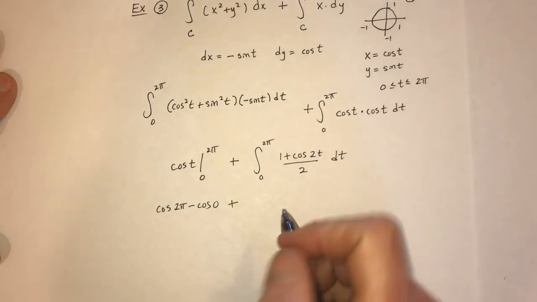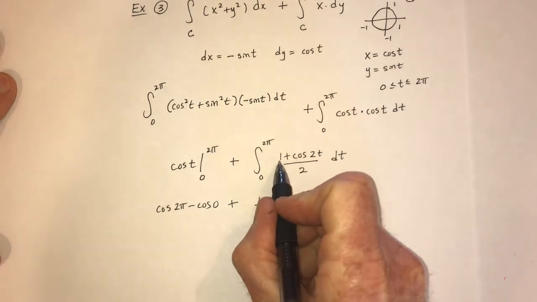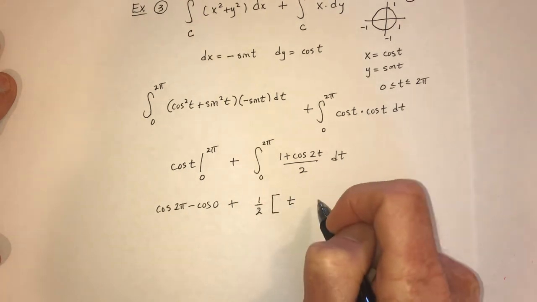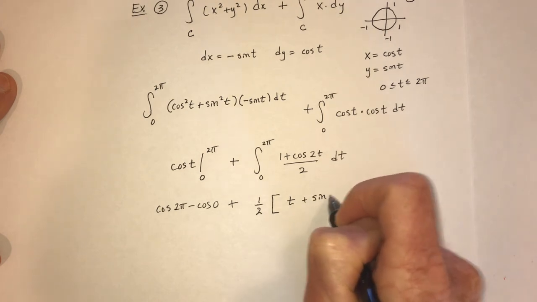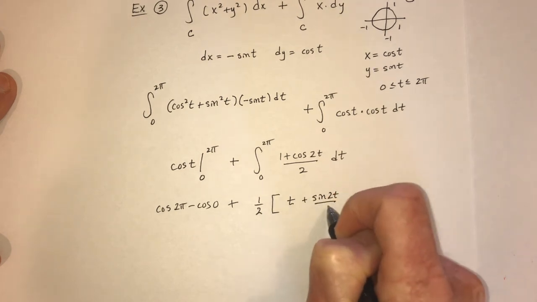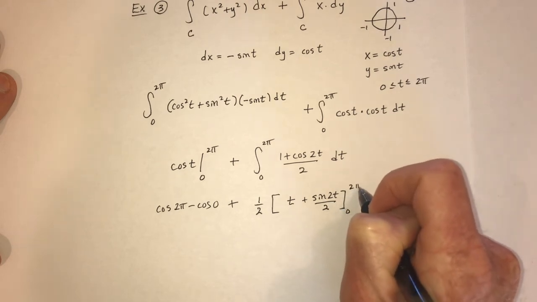And with this one, I could factor out the 1/2. The antiderivative of this 1 will be t. The antiderivative of cosine is sine. And then because of the chain rule, this one needs to be divided by 2. And then evaluate from 0 to 2 pi.